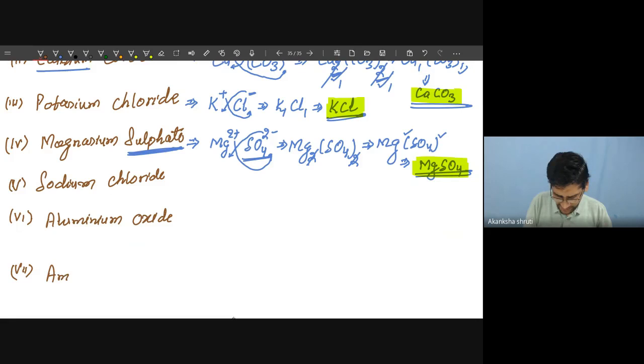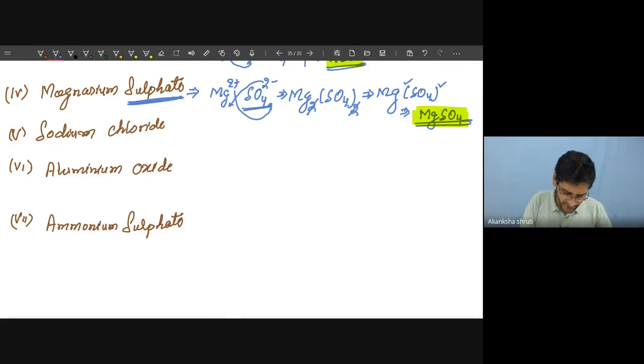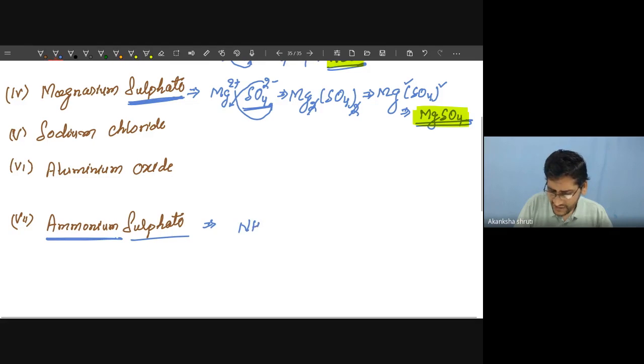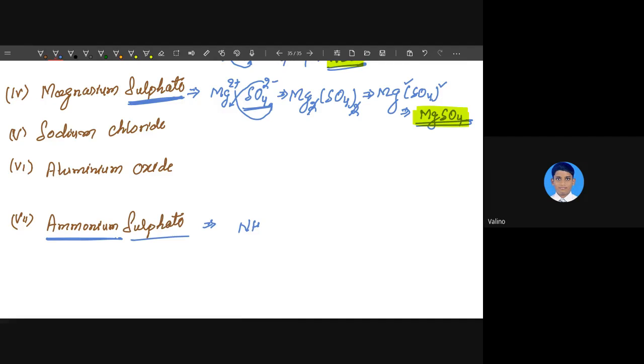Say ammonium sulfate. Let me first explain this. Ammonium sulfate means I need one ammonium and another sulfate. What is ammonium?